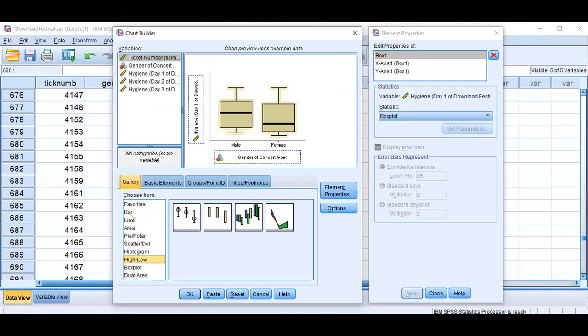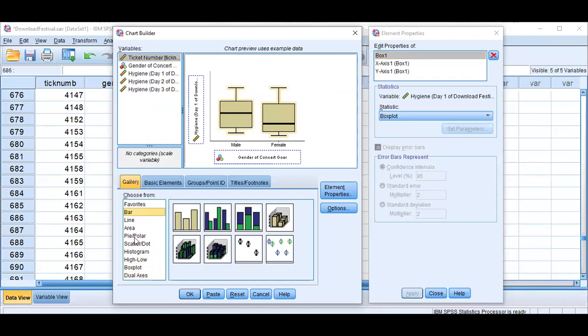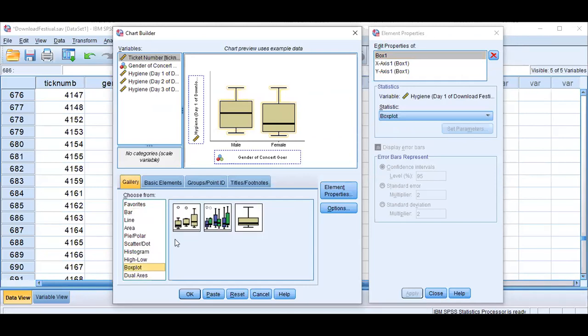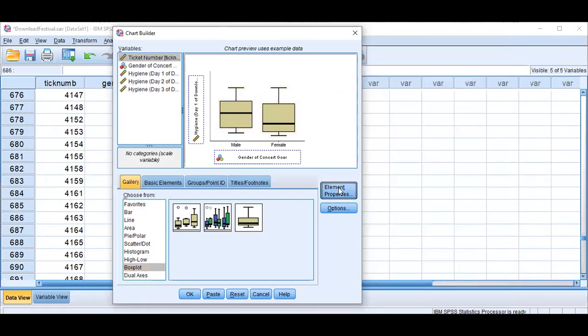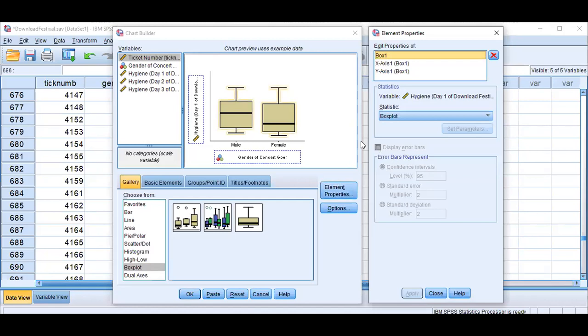So we can check the box plot element properties. Now here you can see, we can select two things, gender of the participants and day one.